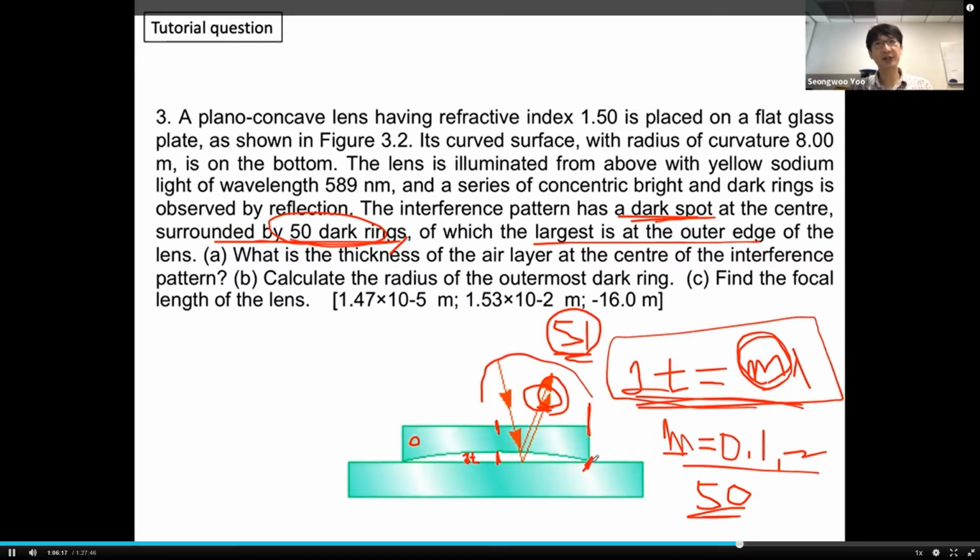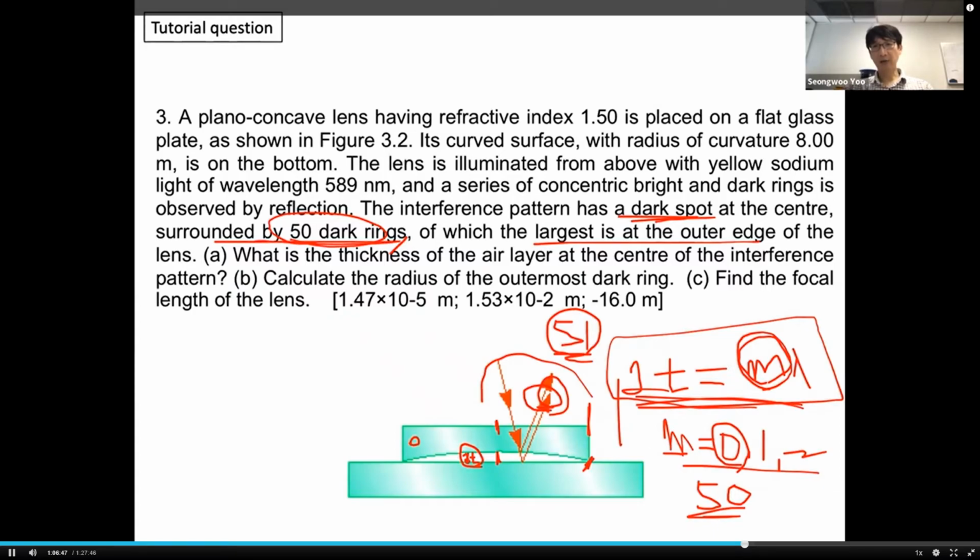So thickness is 0, and in other words, our m value is 0. Does it make sense? So we are going to have 51 dark fringes on this Newton's ring, and you now understand how to determine this thickness using the destructive interference condition.